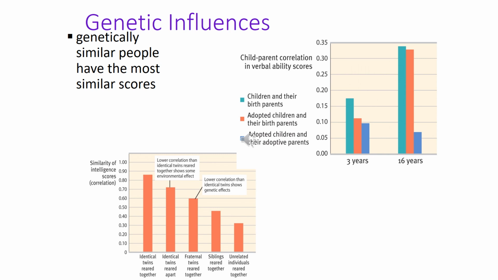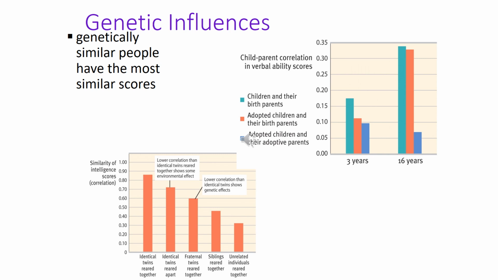So yes, it may be predetermined in your genes what level you should get to intellectually. But if you are deprived of an encouraging environment that pushes you into education and learning, you may never reach that full potential.